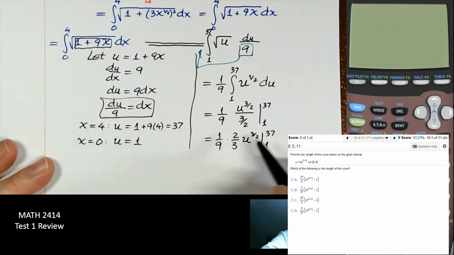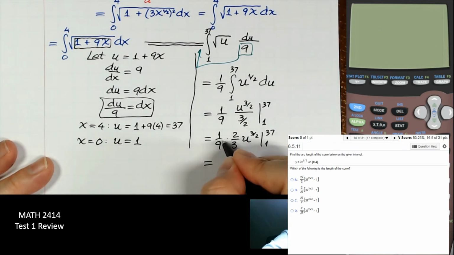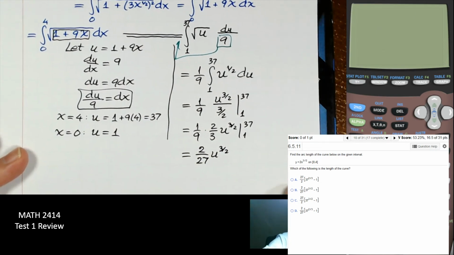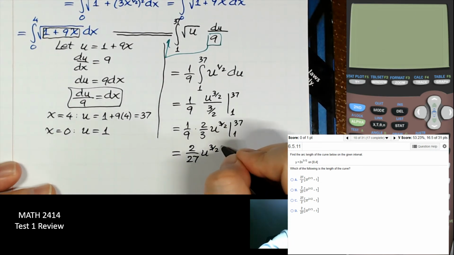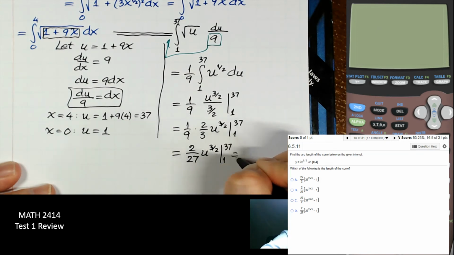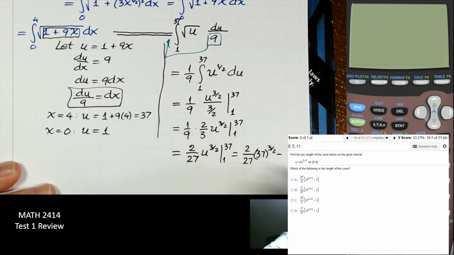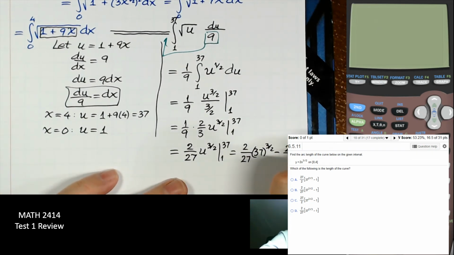And then we put in 37. By the way, that will give us 2 over 27. And put in 37. And then put in 1.